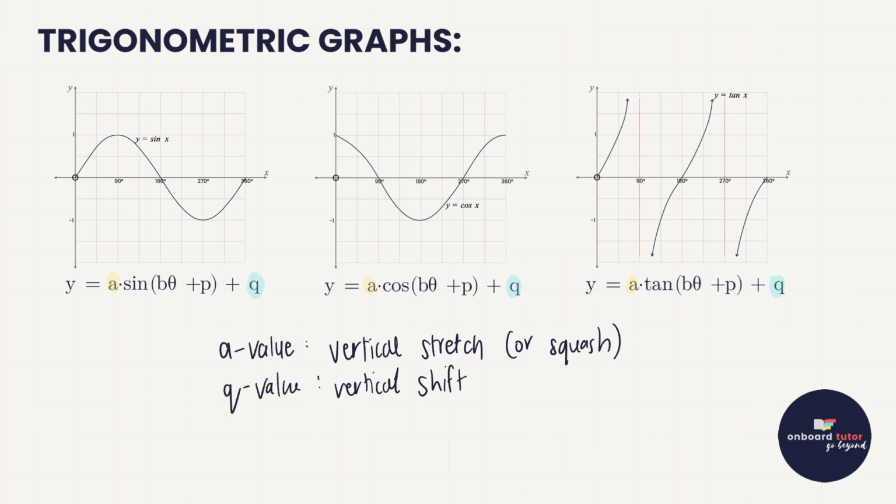So by changing the a value in these equations, you are resulting in either a vertical stretch or a squash, and by changing the q value, it will result in a vertical shift. So like I said, it's all linked to changes in the y values, which means they are all up and down types of changes. So let's have a look at an example to refresh your memory.